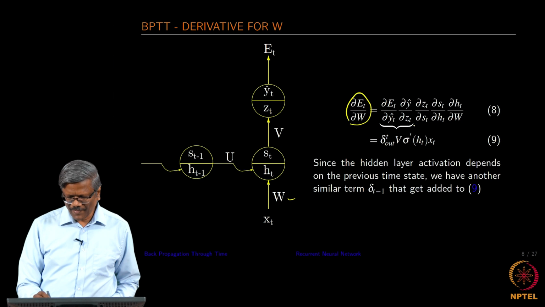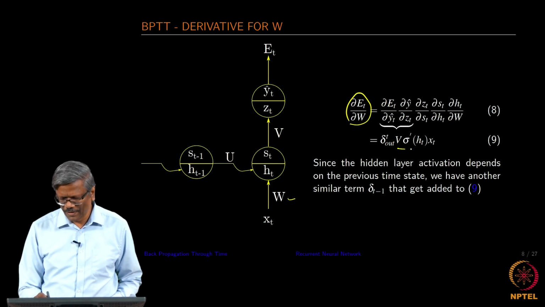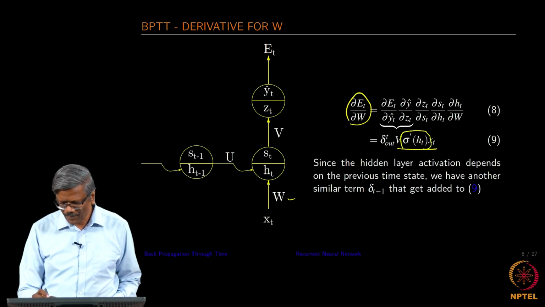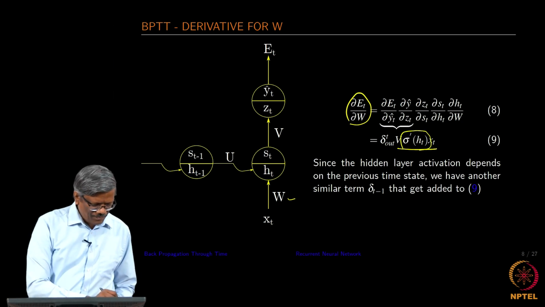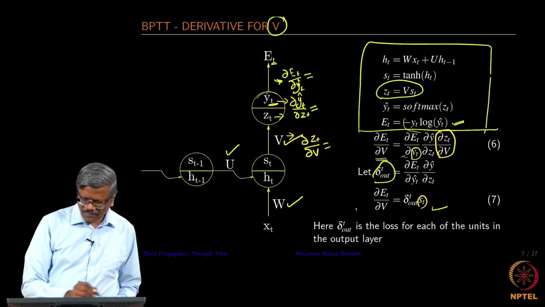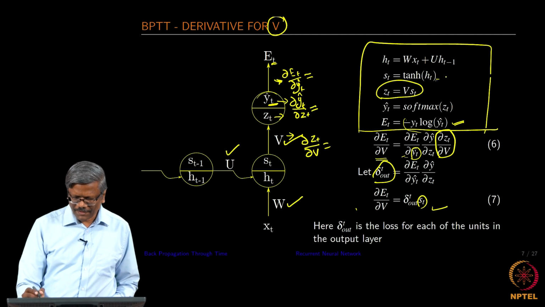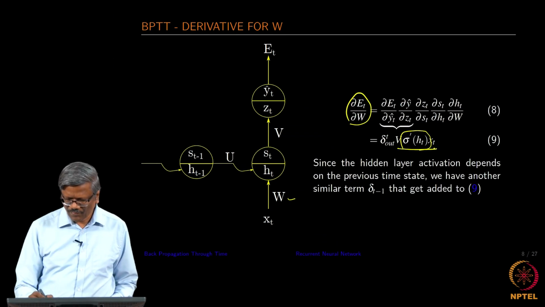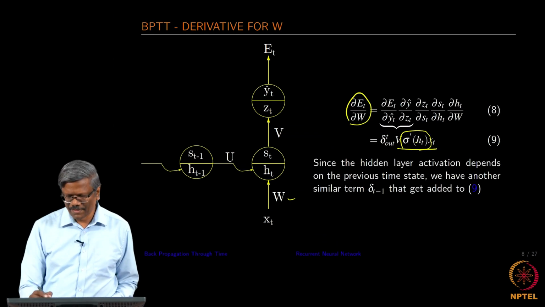I am going to leave this to you as an exercise to find out how these values are obtained. In this case, I am just using sigma dash, which is a derivative.